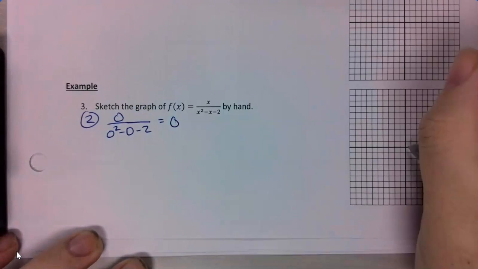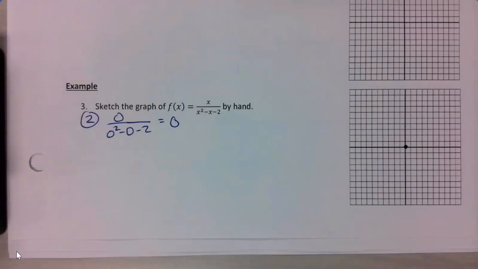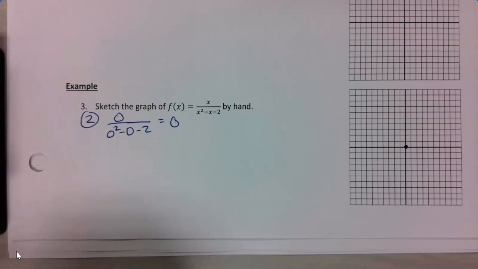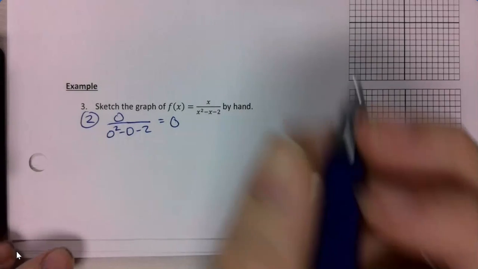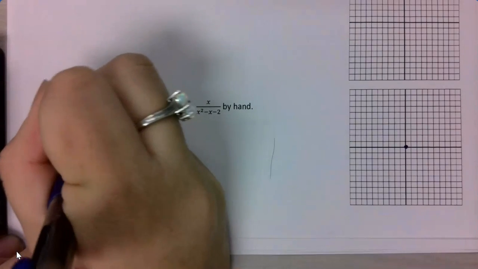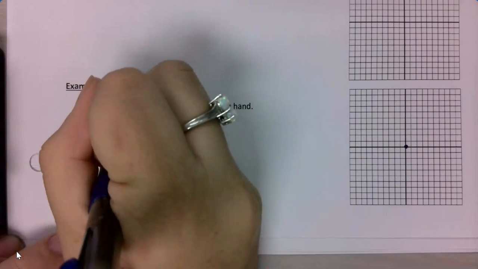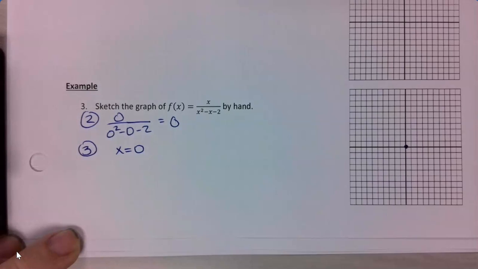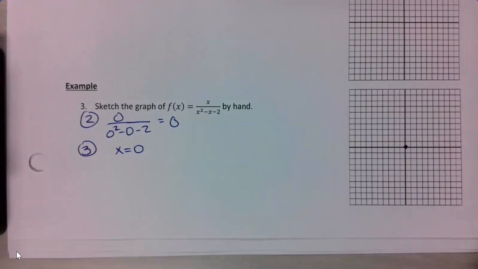That is my y-intercept. Then my next step is to take my numerator and set that equal to 0, which I've already plotted, right?